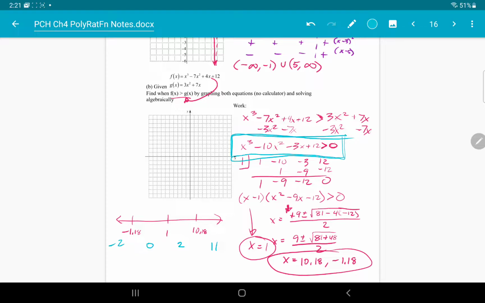So I'm using my graphing calculator and doing some of the techniques I showed you in class just to be able to get that answer easier.